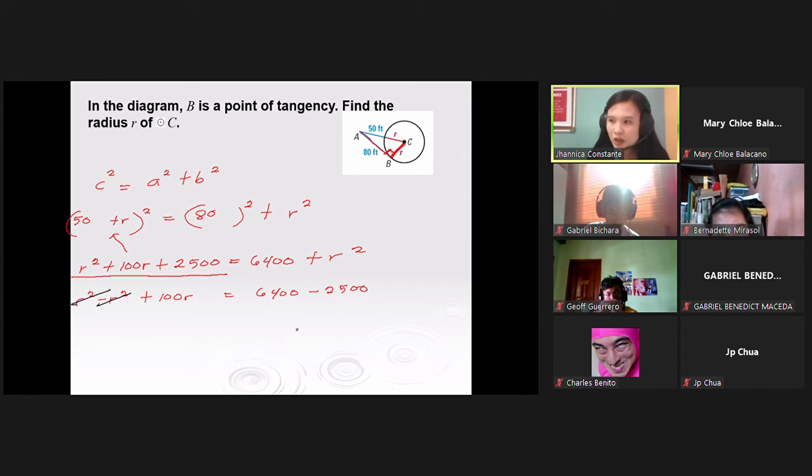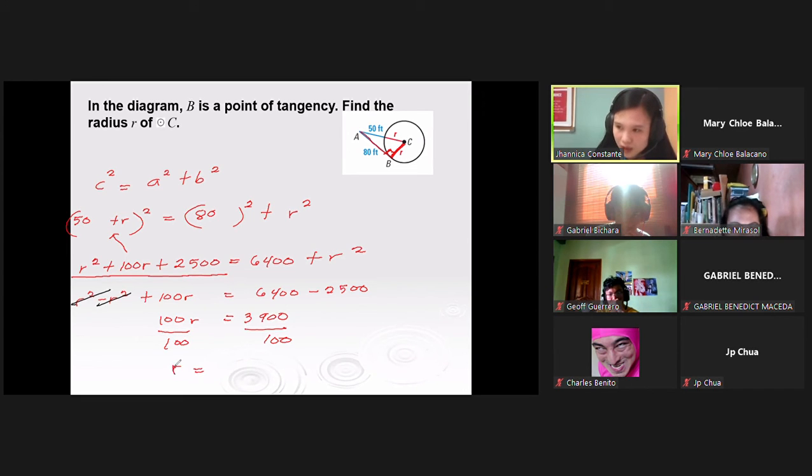So we have 100r equals 6,400 minus 2,500, which is equal to 3,900. Divide both sides by 100. So the radius of the circle that we have is equal to 39.